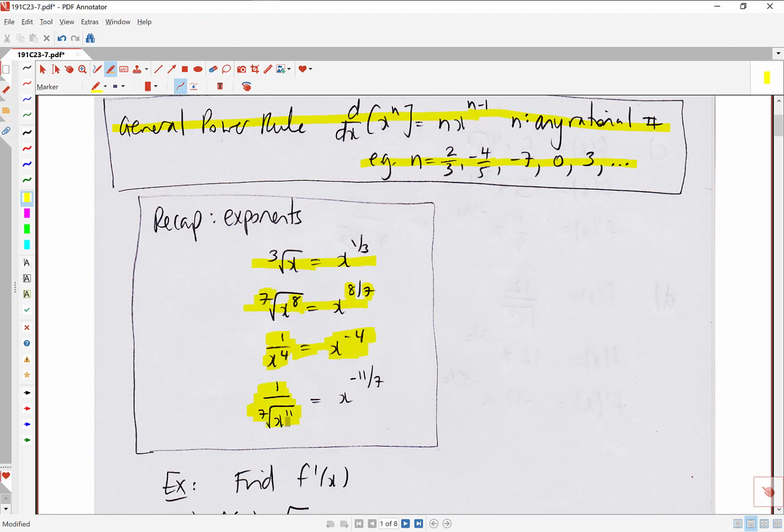So if we have 1 over the 7th root of x to the 11, well, the exponent on the x is going to be negative because we were in the denominator. It's going to be 11/7. Negative 11/7 overall for our exponent. So that's the recap of exponents that we need to now apply the general power rule. So let's go through a few quick examples of finding some derivatives.